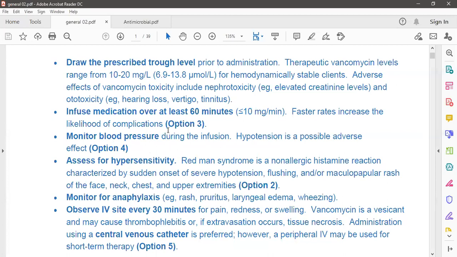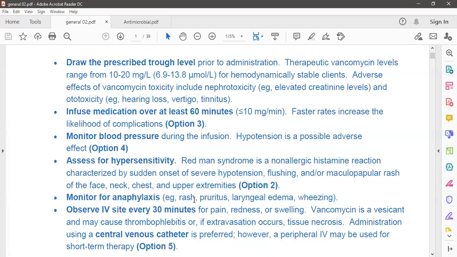Also watch for hypersensitivities, meaning flushing or any skin rash like maculopapular rash, flushing of the face. Monitor for anaphylaxis.